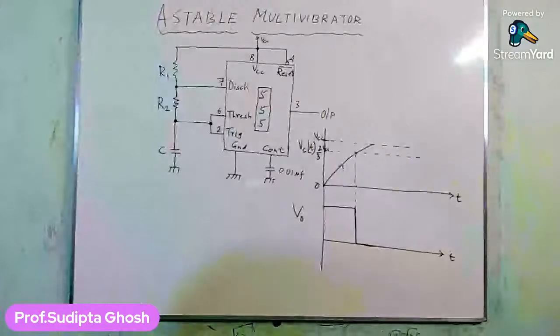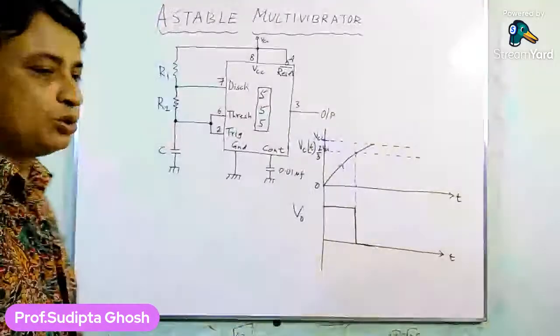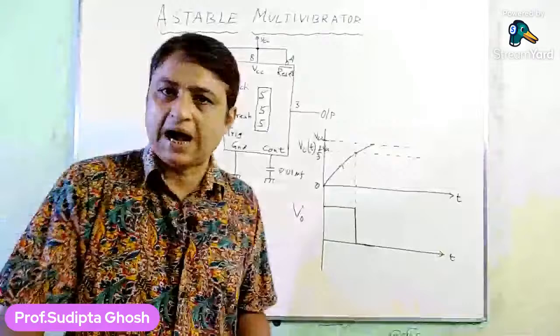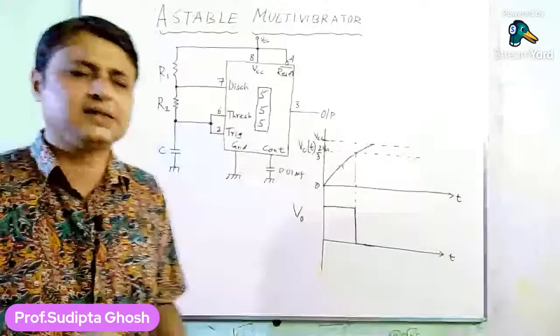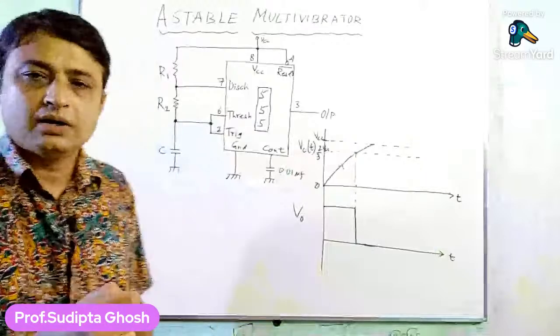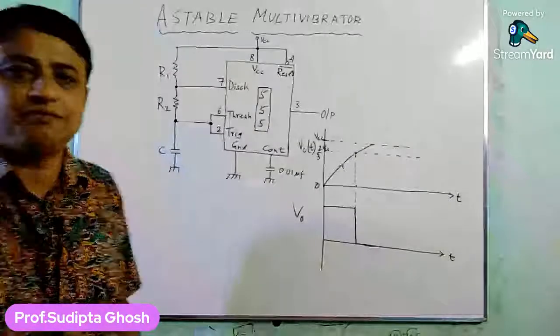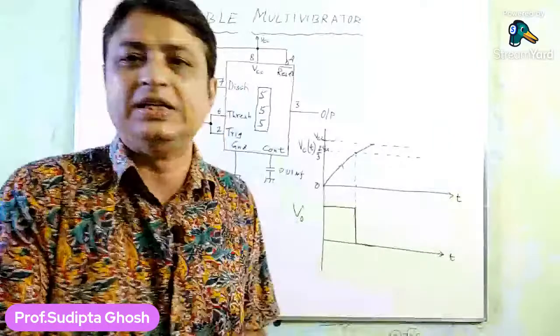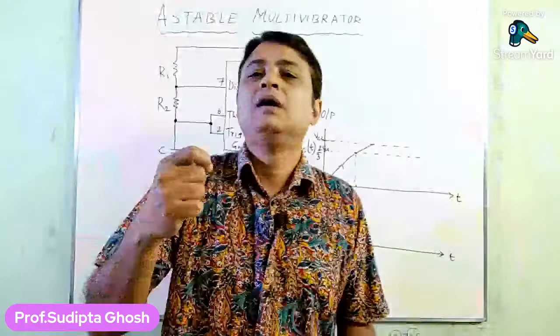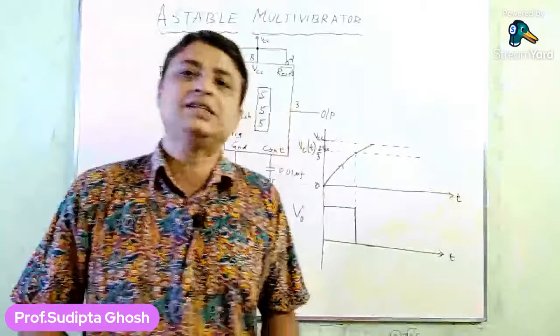Okay. When the capacitor voltage reaches 2/3 VCC, the output of the RS flip-flop, Q, goes low.